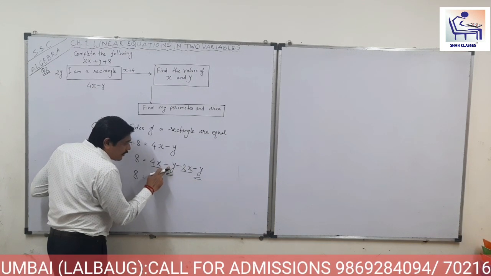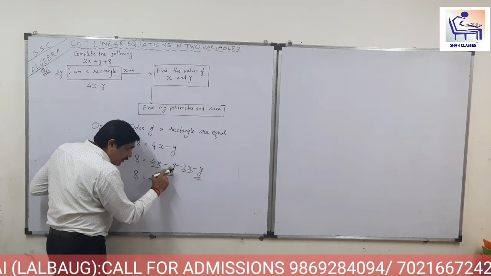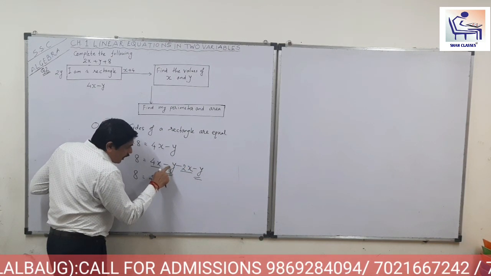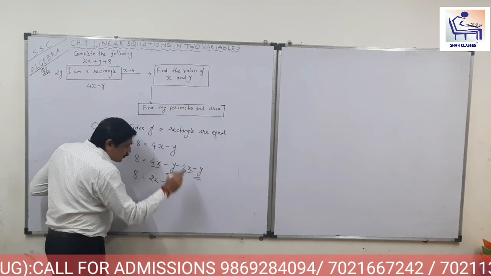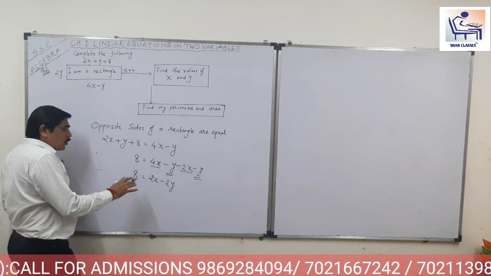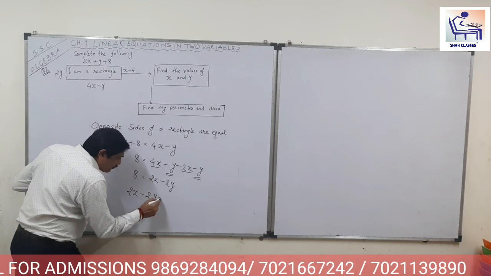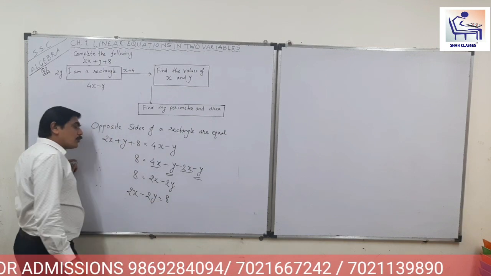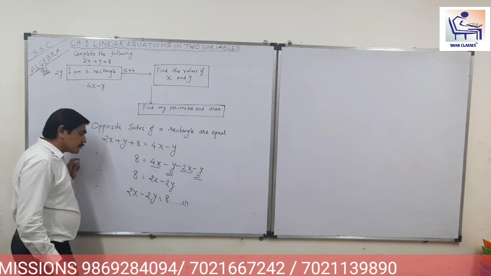Minus y means minus 1y, and minus 1y, so minus 2y. So we will just make a proper way this equation. So 2x minus 2y is equal to 8. We get the equation number 1.